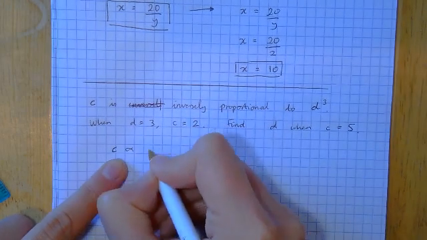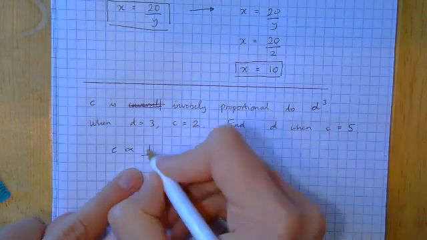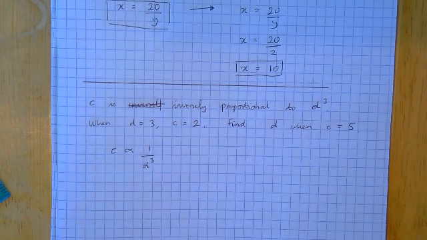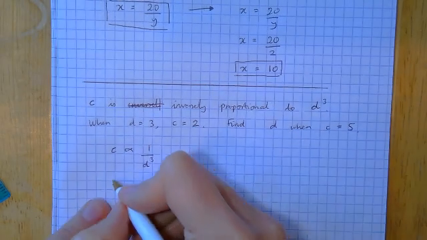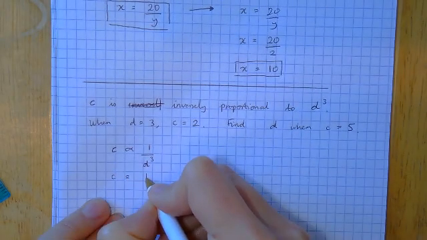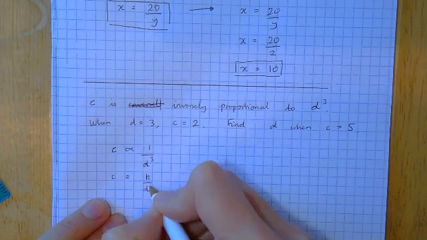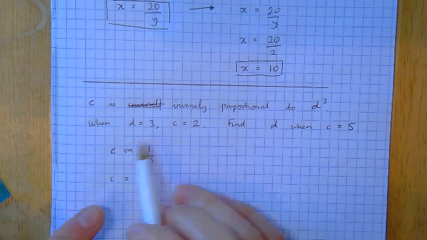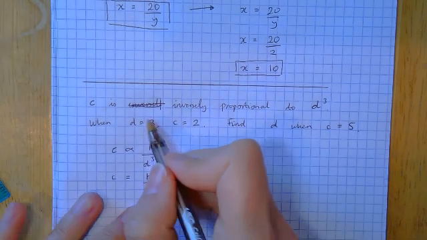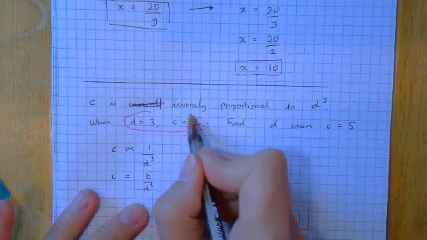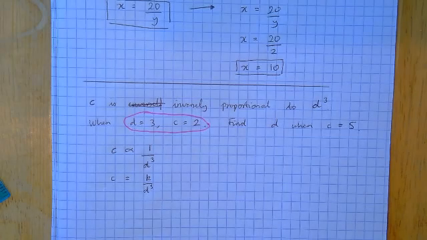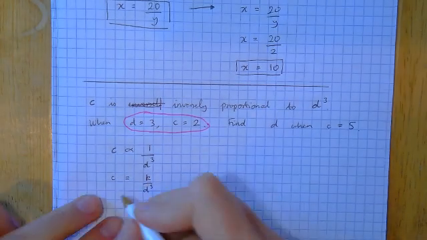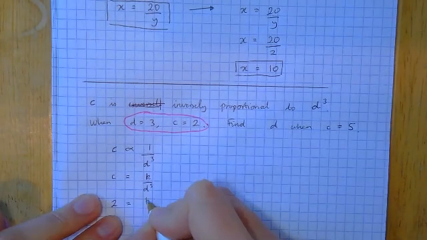Right, go. C, inversely proportional, fishy, 1 over D cubed. There's our first line. Go to the fish market, get rid of that fish, and get me an equals and a K. So C equals K over D cubed. Right, now what have I got? Remember, you find your pair of numbers that you can sub in. D is 3 and C is 2.